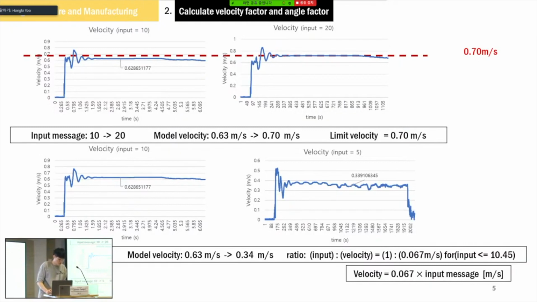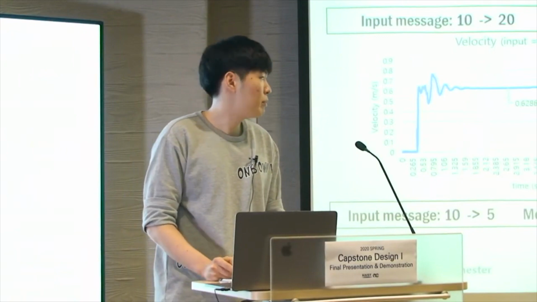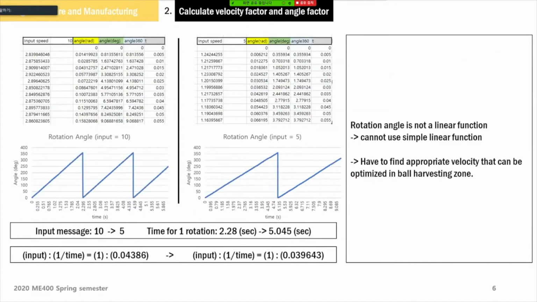To control our robot in gazebo environment, we must find the ratio of speed and angular displacement between the actual value and the ROS input. Actual speed and ROS input have a linear relationship. However, in angular displacement case, the relationship between actual value and ROS input is not a linear relationship. So we check each input case in ROS simulation.